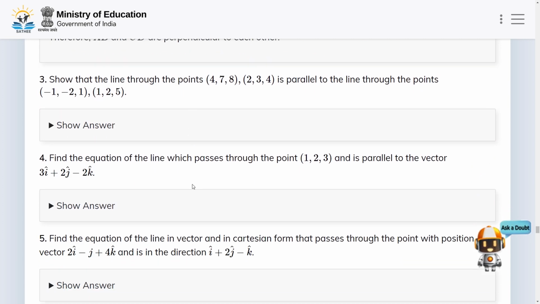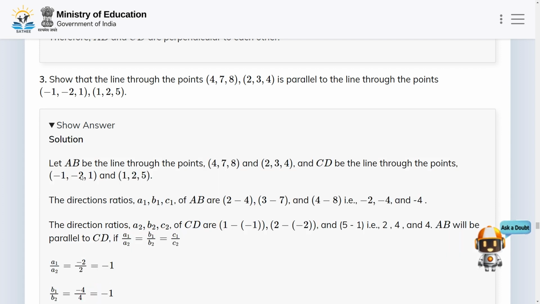Show that the line through the points (4, 7, 8) and (2, 3, 4) is parallel to the line through the points (-1, -2, 1) and (1, 2, 5). Very simple. What will be your first step? First of all, you will have to find the component form.